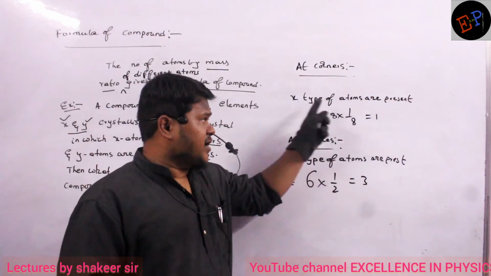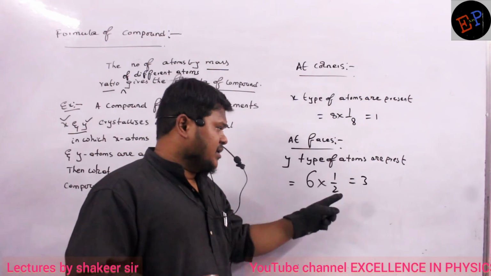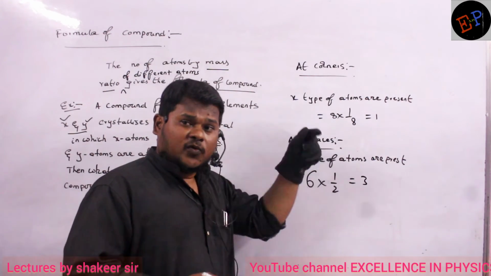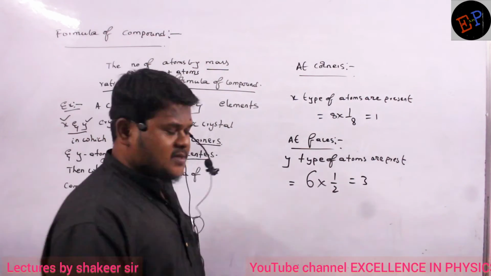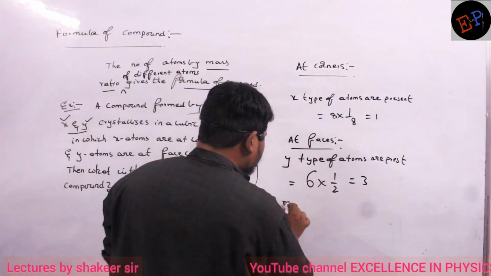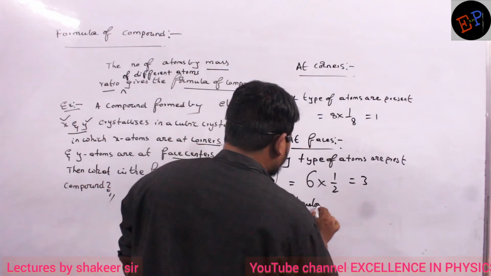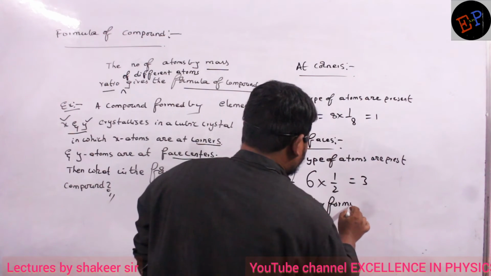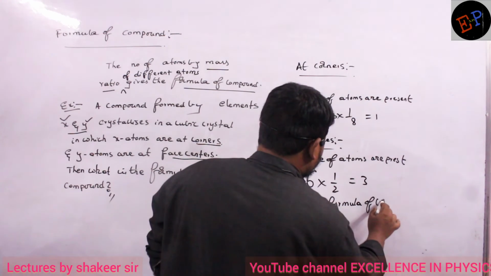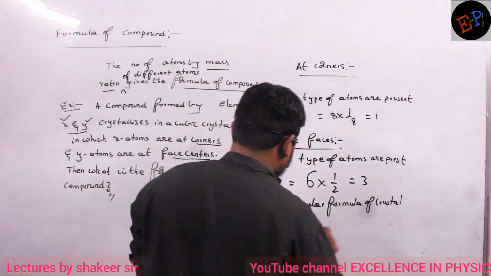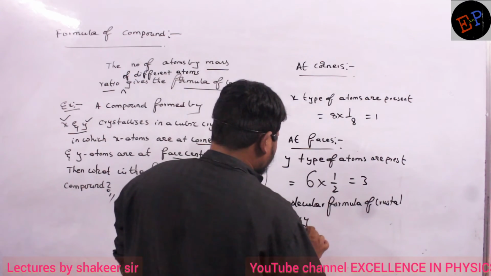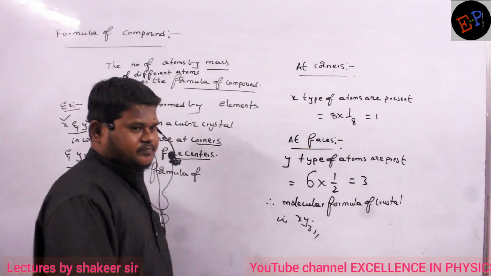So 1 atom of X is enclosed and 3 atoms of Y are enclosed. Therefore, the molecular formula of the crystal is nothing but XY3. This is the relation. That's all.